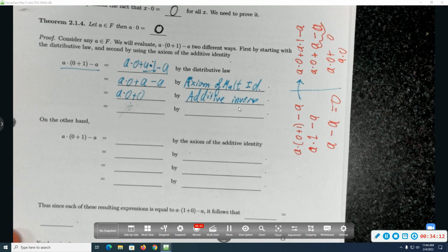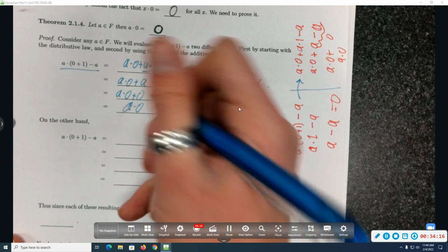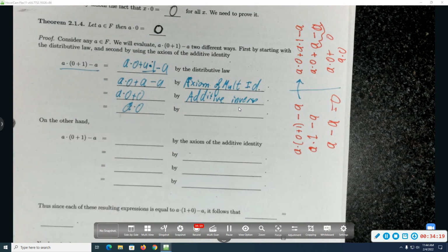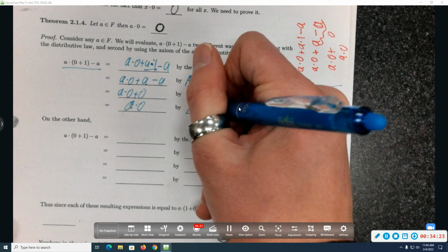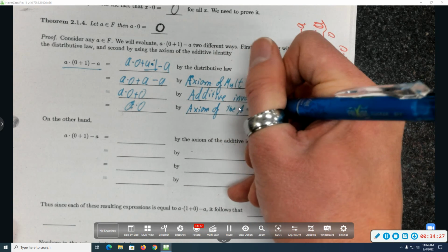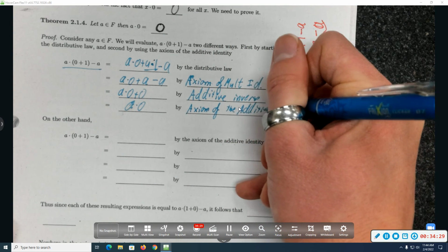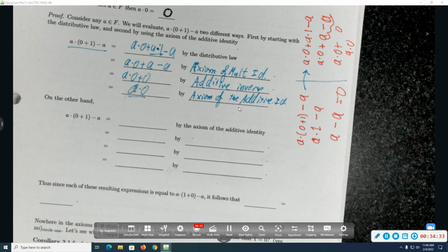What's anything plus 0? Just the thing, so A times 0. And the thing that gets used there is the behavior of the additive identity. Yeah, that gets us down to A times 0. Good.